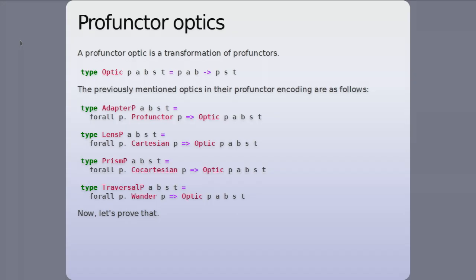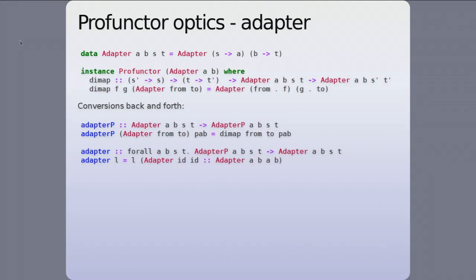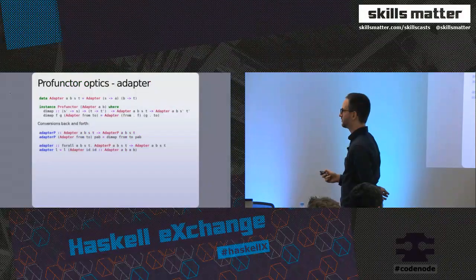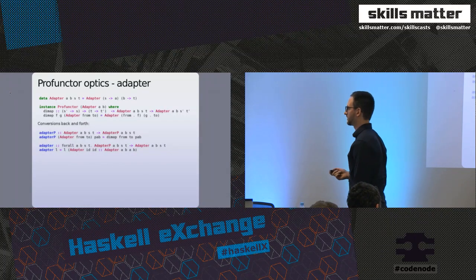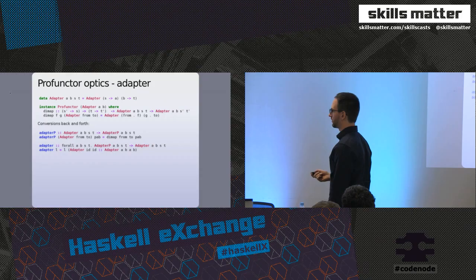Okay, now let's prove the equivalence. All right, so we have the adapter type class. I omitted the names this time. So an adapter A B is a profunctor. The definition of the dimap is fairly straightforward. And now the conversions for all of the optics are very similar. So let's check how it works, because I think that's a pretty crucial thing.